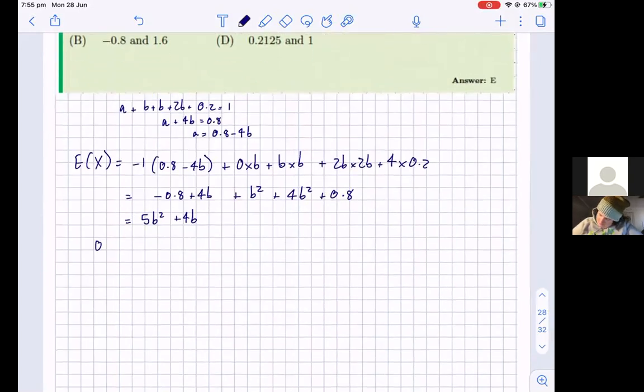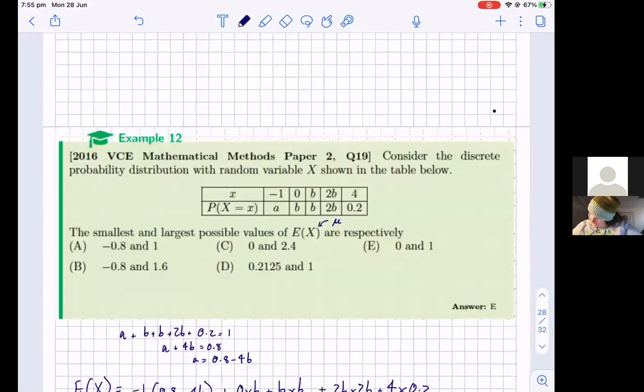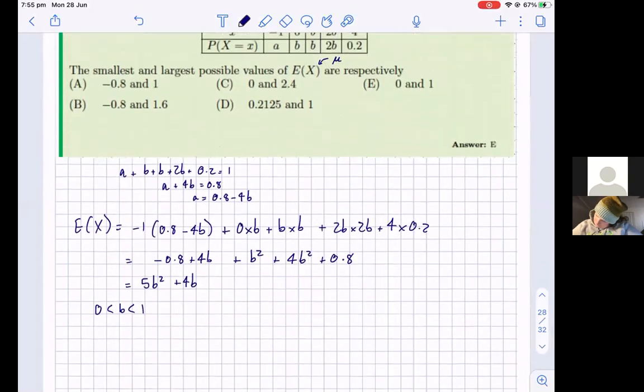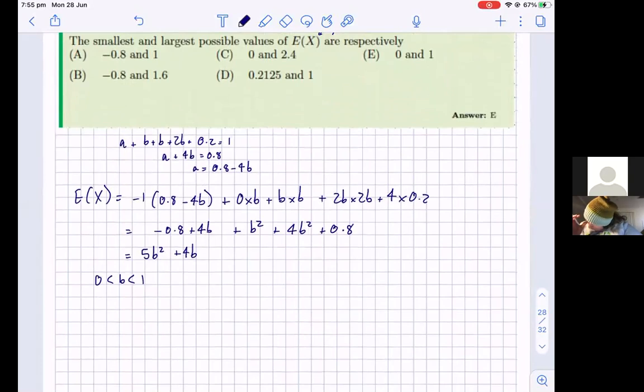Now, B has to be between 0 and 1. But also, A has to be between 0 and 1. And I know A is 0.8 take 4B.